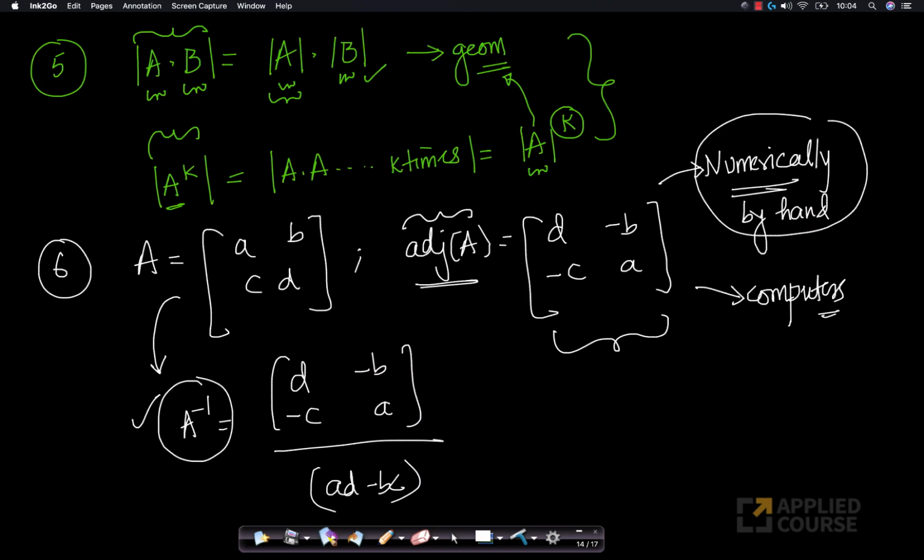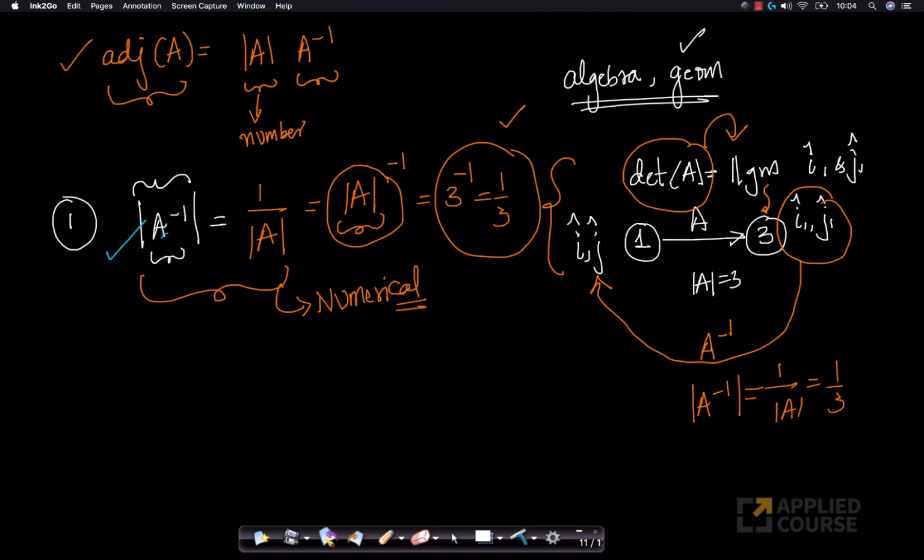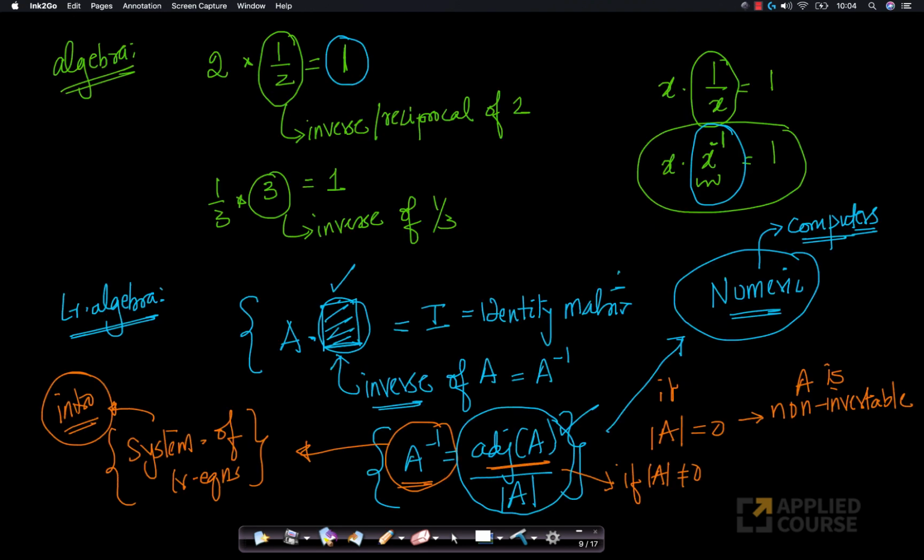By the way, I have not gone into the applications of inverse of a matrix right here, but please understand that this is one of the most important and powerful concepts in the whole of linear algebra. It has tons of applications. There is a whole chapter in our course called the system of linear equations, which is one of the simplest applications, by the way. Especially in my own work and professional career, I have used inverses of matrices in tons and tons of places.